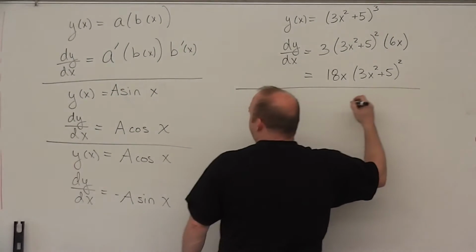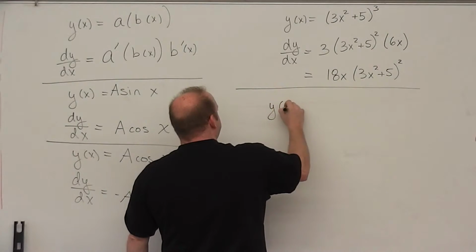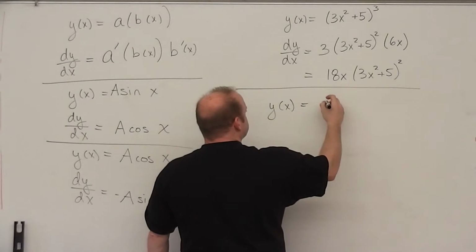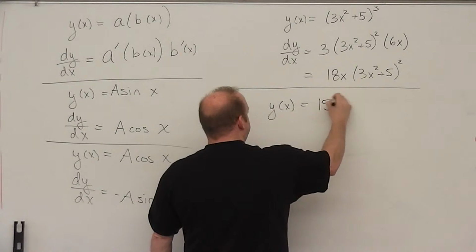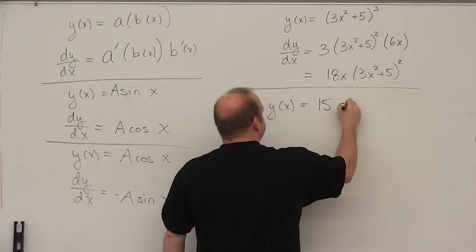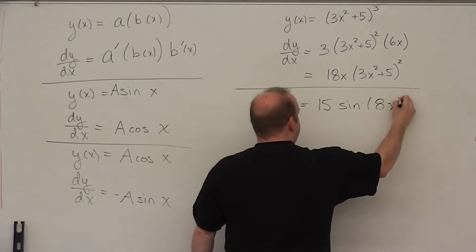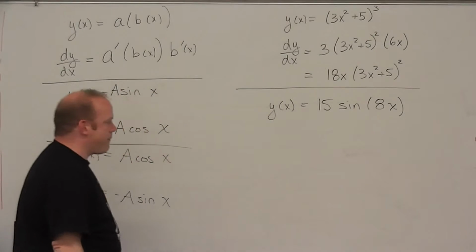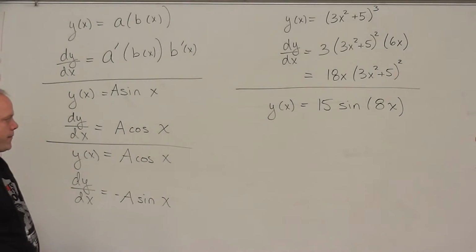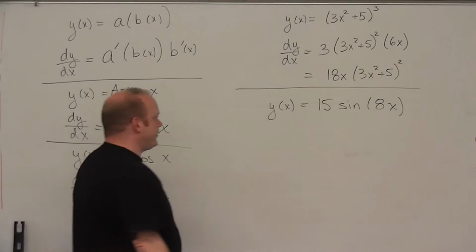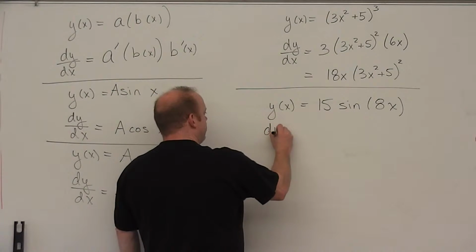So now, let's just say y of x, we'll do a specific example here, is equal to 15 sine of 8x. Okay? Now, chain rule tells us how to do this. dy dx.